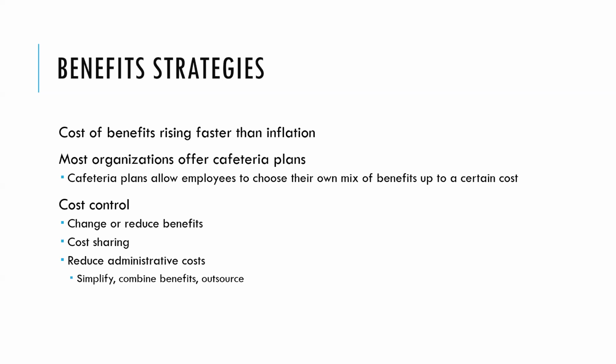You can also reduce administrative costs. You can simplify programs. So instead of giving 10 different healthcare programs or options, you might have two, and people can only choose between those two. You can also combine benefits. So there may be benefits where you could combine life insurance with health insurance.